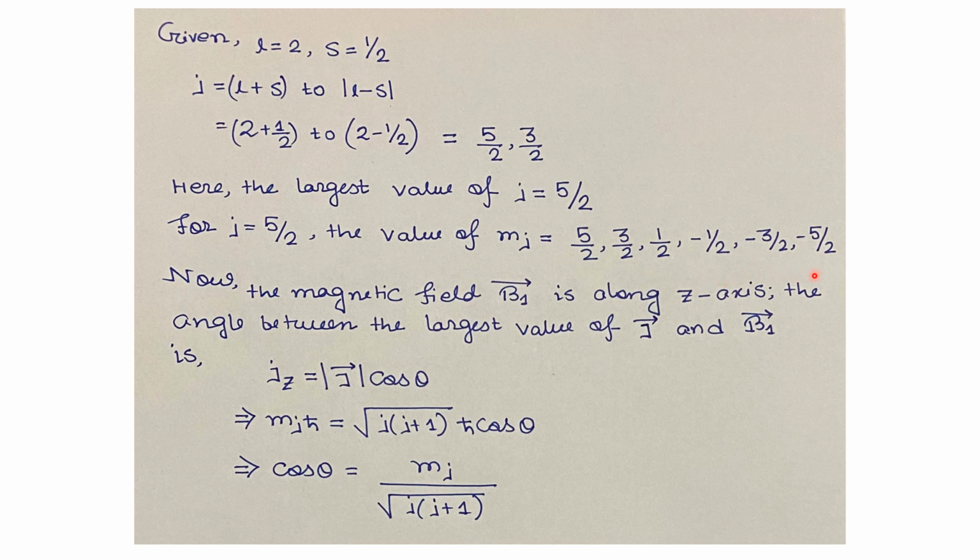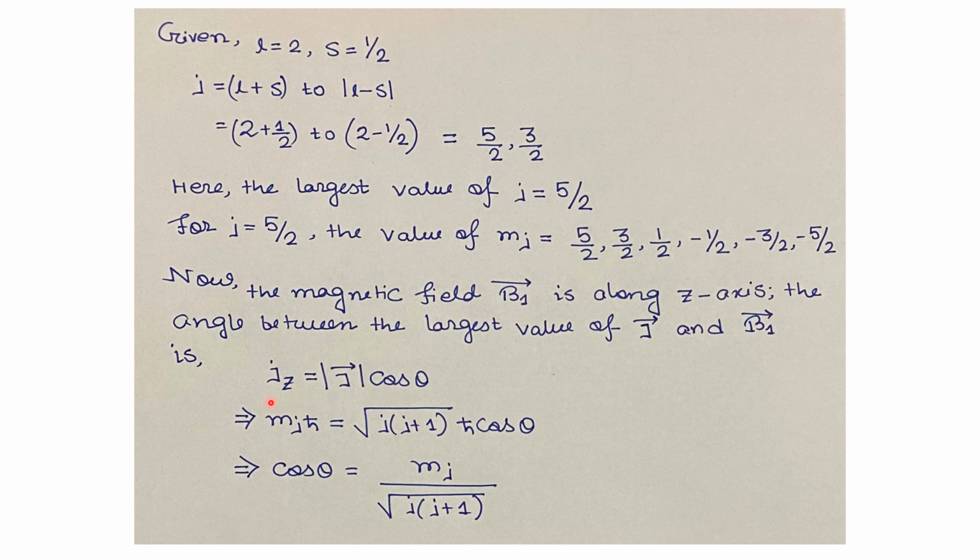Now the magnetic field B1 vector is along Z axis. The angle between the largest value of J and B1 is theta, that is given in the question. Now projection of J along Z axis gives us the Jz component. So we can write Jz equals mod of J times cos theta.